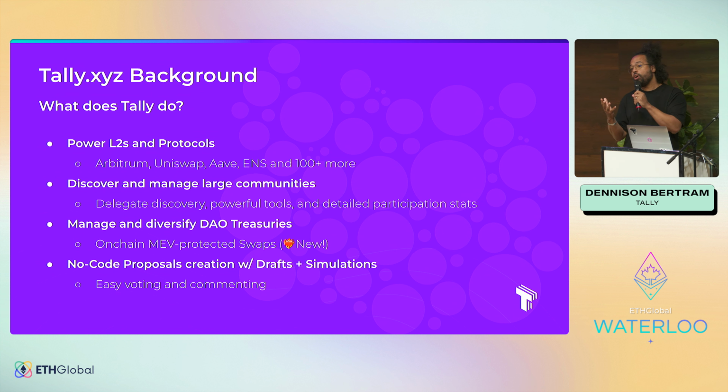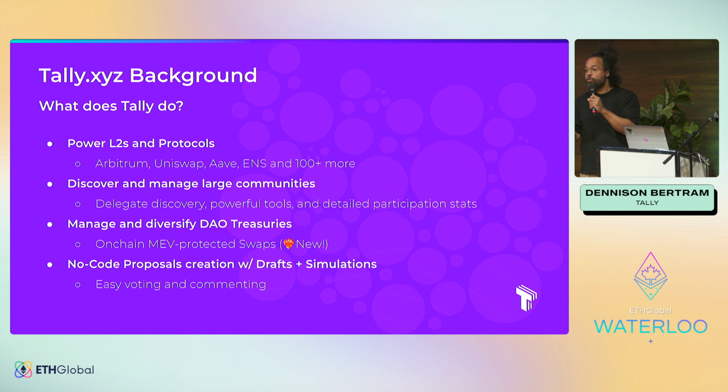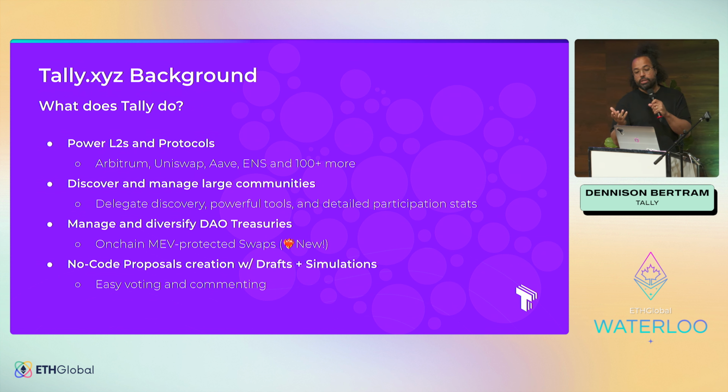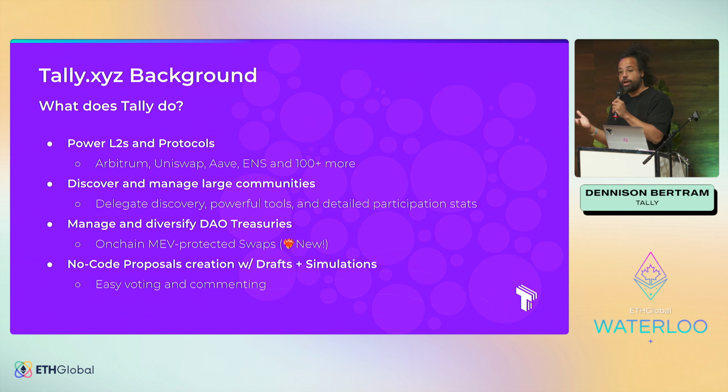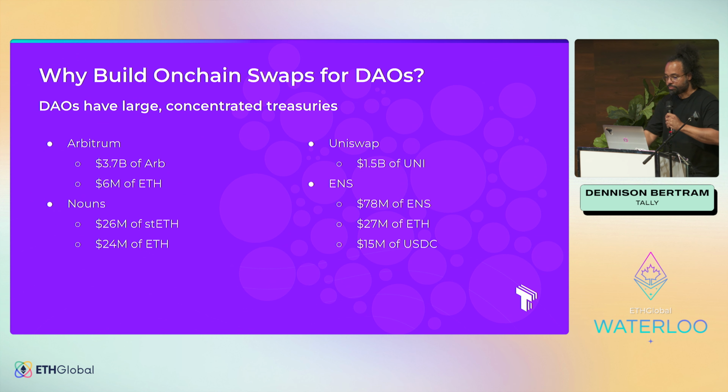So it is a very high risk thing, it can be very scary, but it's also very technical. So no-code tools for proposal creation are very important for helping the general wider community actually create change and create things that happen inside their DAOs.